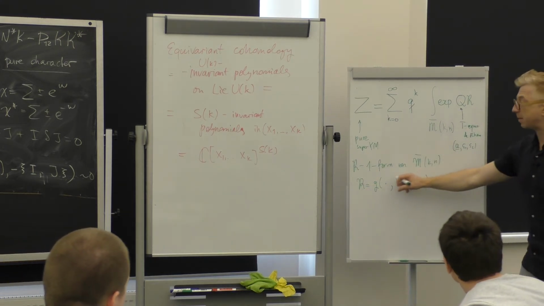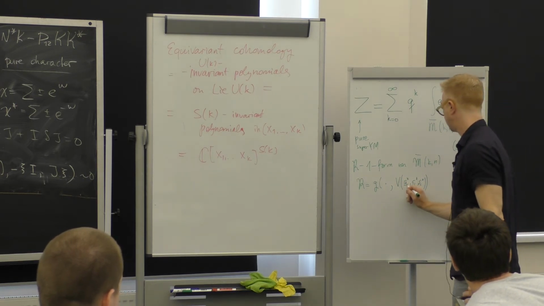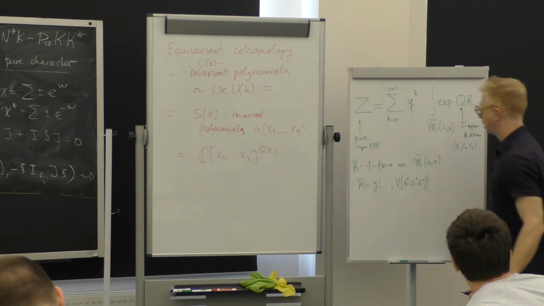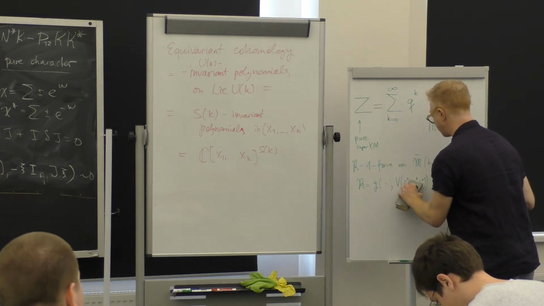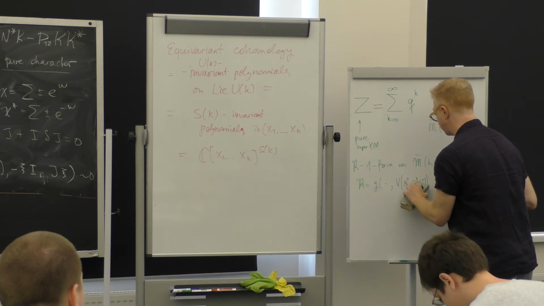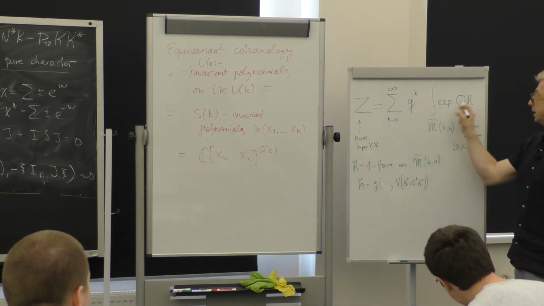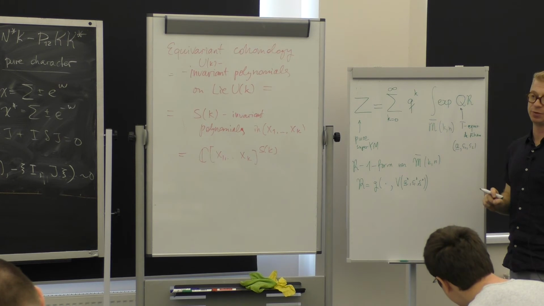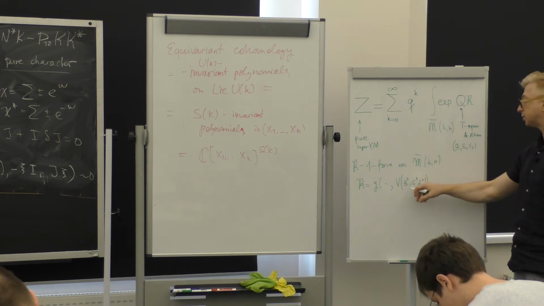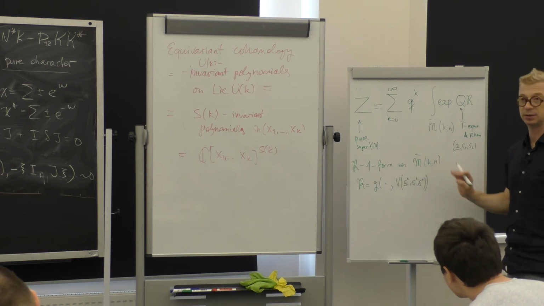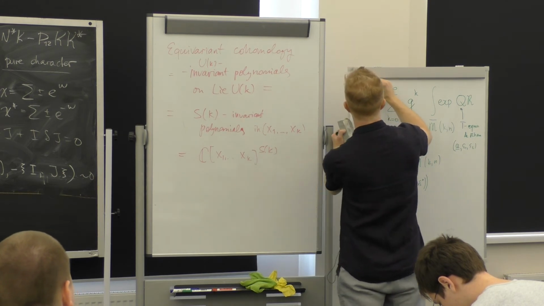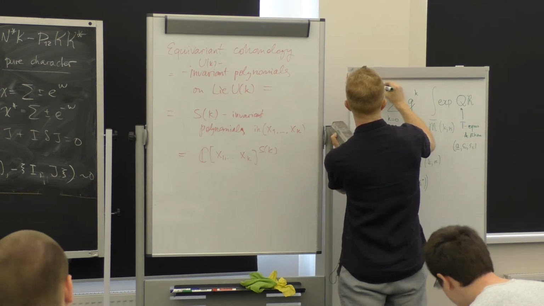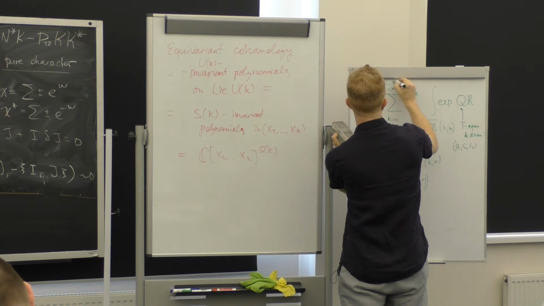This R depends on some auxiliary parameters. But as long as these parameters are such that the integral converges, the integral does not depend on the value of these parameters. So as long as you choose anything for which the integral converges, you can then vary them. The answer will not change. So this partition function depends only on A, epsilon 1, epsilon 2, and Q.